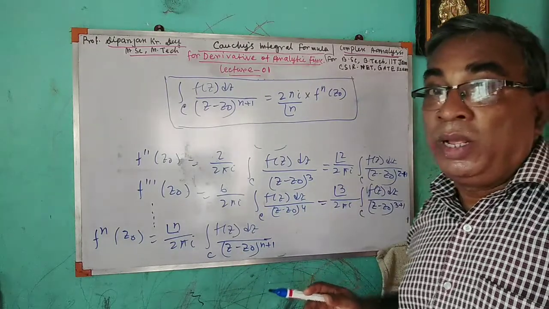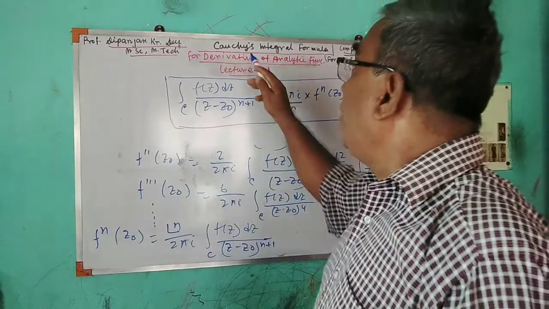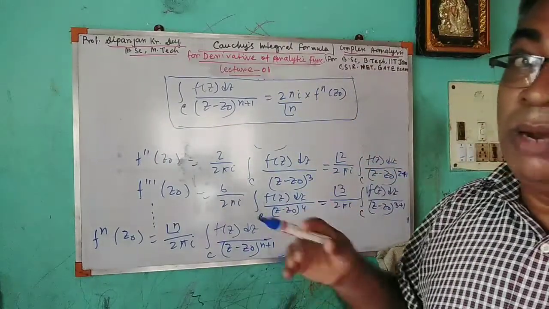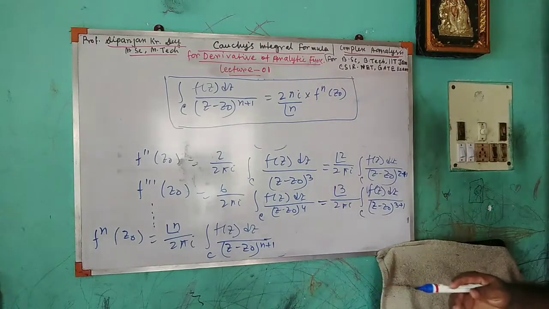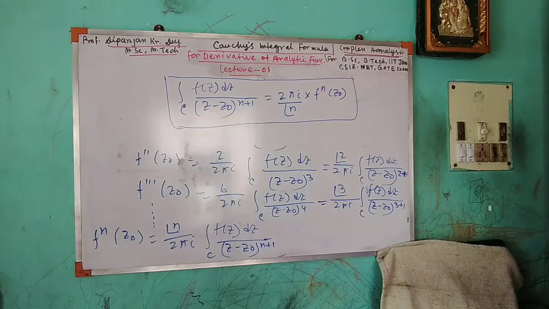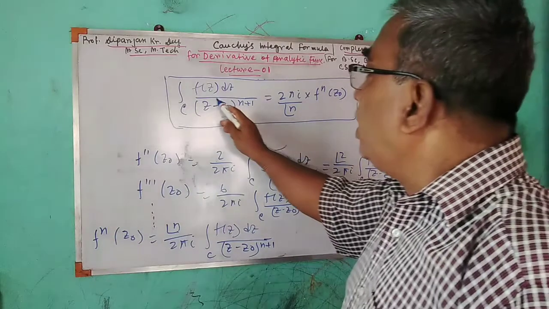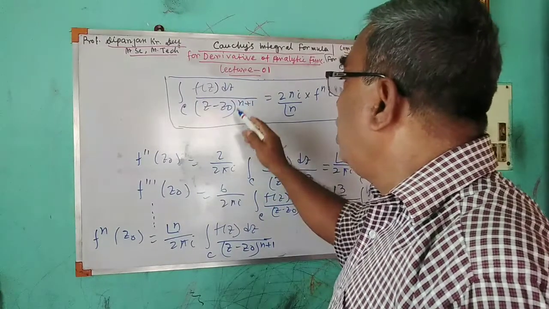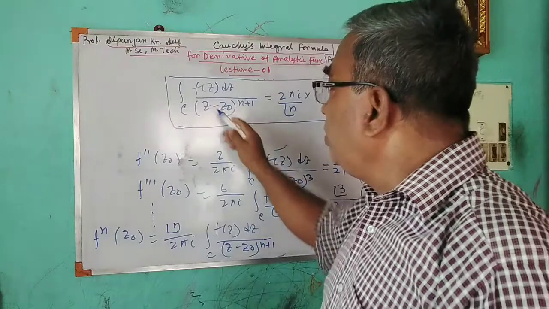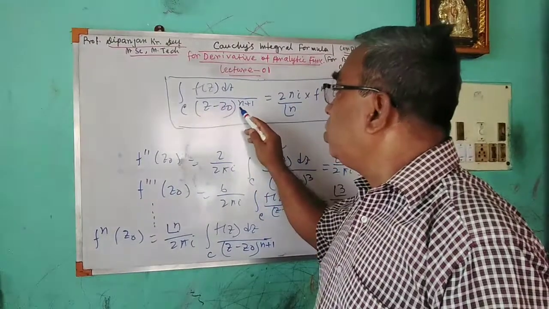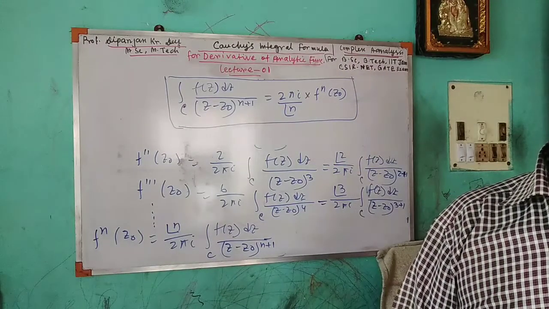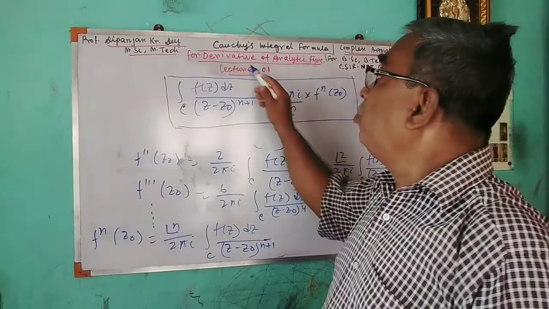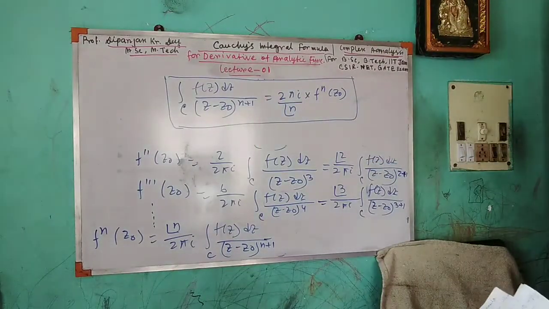This is a very important part. If two or more power occurs in the denominator portion of the integral, that is, the power of z minus z0 is 2 or more, then we have to apply Cauchy's integral formula for derivative of analytic function. This is the first lecture.